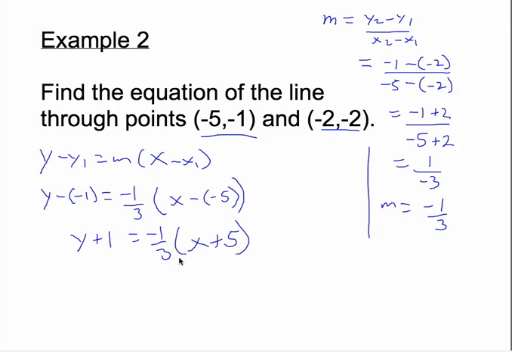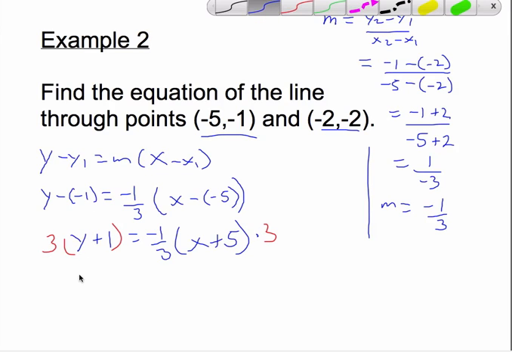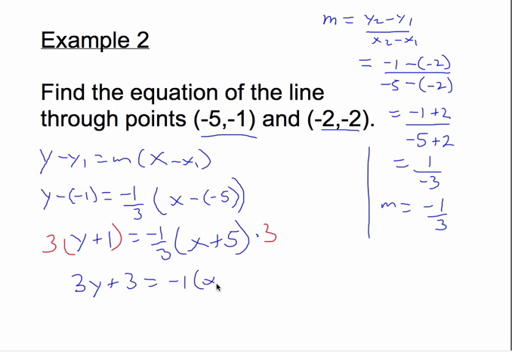Okay, so I'm going to get rid of this fraction here now. So I'm going to multiply both sides of the equation by 3 to get rid of the fraction, and then we'll avoid fractions pretty much the whole equation. So this is going to be -1 times x plus 5. So that's 3y plus 3 equals, let's multiply using the distributive property, -1x minus 5.